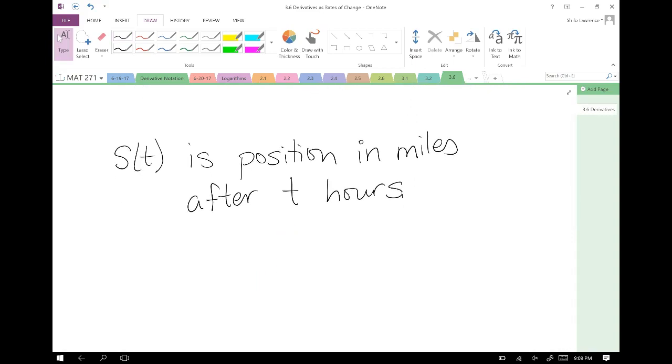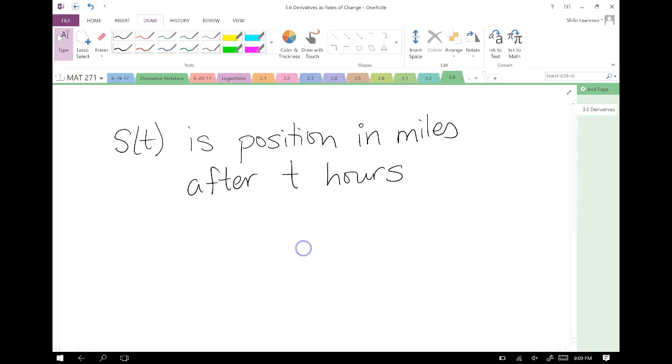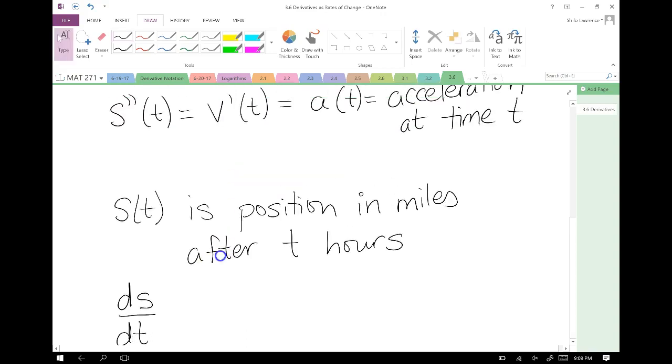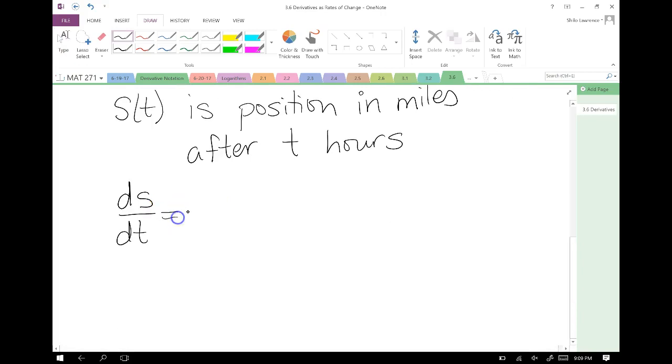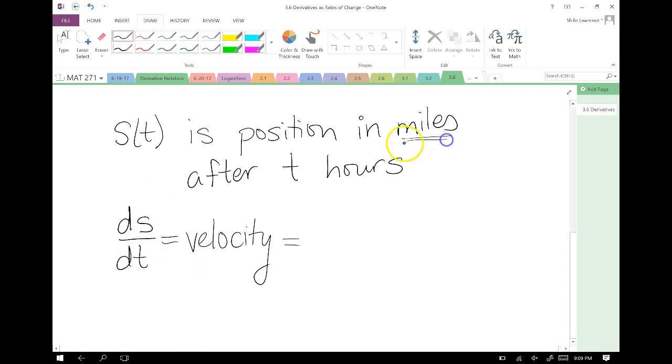If we take the derivative of that, and I'm just going to do a different notation, ds/dt. That's just another notation for derivative. So remember, we said the derivative of position is velocity. So this is another way to write velocity. And look at how we've written this. We've got s in the top, and we've got t in the bottom. So s is being measured in miles. t is being measured in hours.